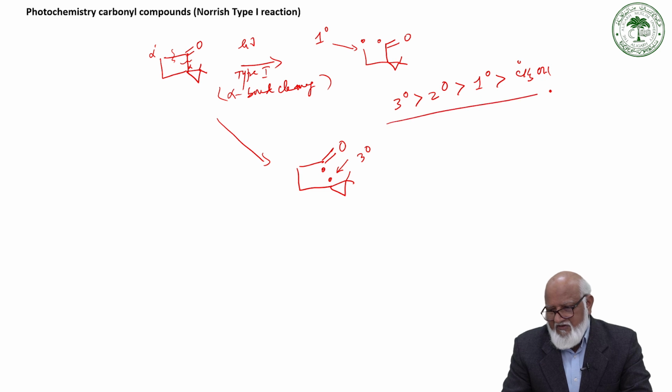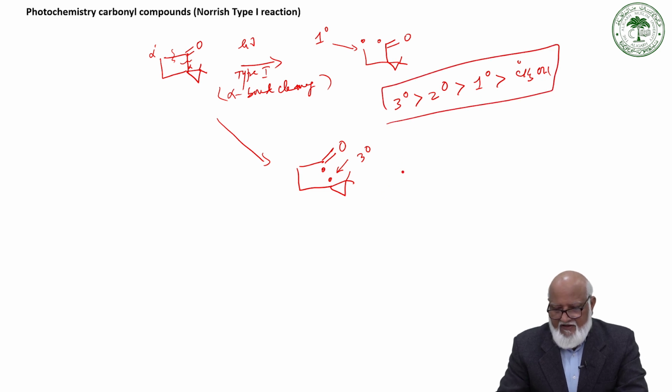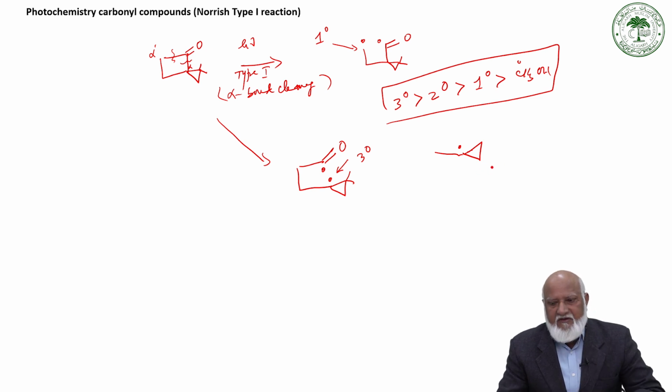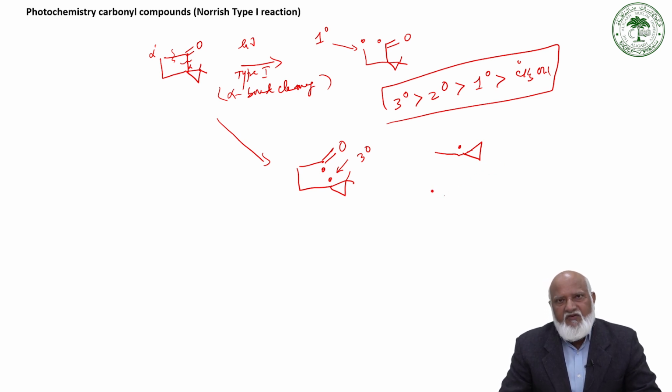But still there are situations when the radical is unstable. I just discussed this before also. A radical on the cyclopropane ring is unstable because cyclopropane is under ring strain, with a lot of deviation from the standard bond angle.